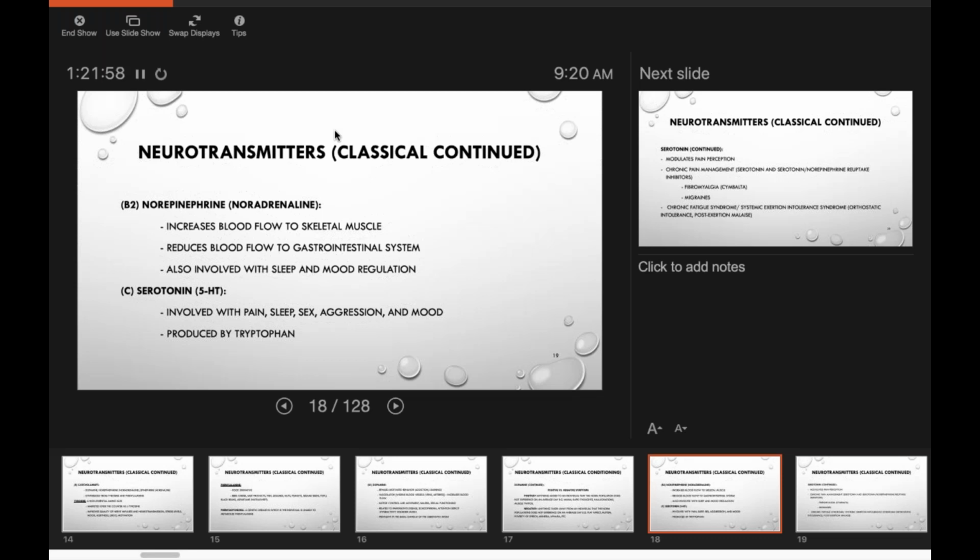Now, I'm going to give you a nice example of how serotonin and norepinephrine work really well together with a certain disorder. So in the early 90s, when fibromyalgia first was being looked at, but they hadn't called it fibromyalgia yet, they said these people with frozen shoulders or muscular pain, it's in your head, you're depressed.